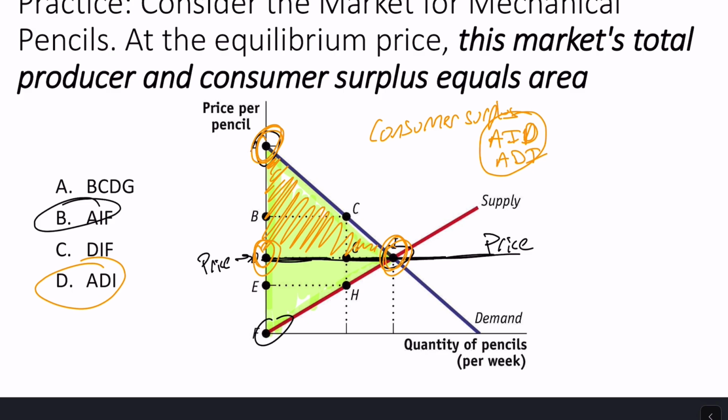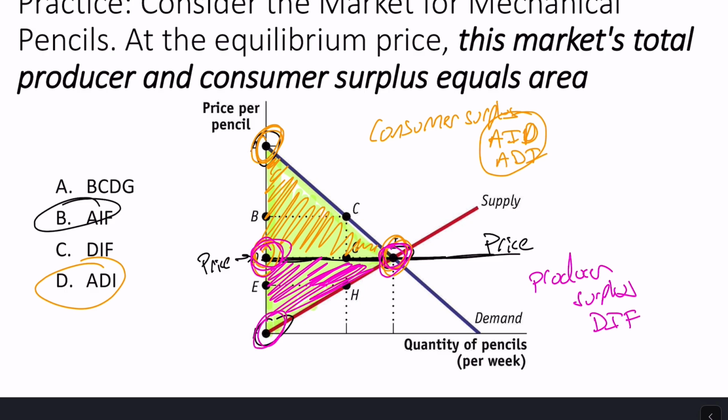And so you can just pick the letters that correspond. If we want to do producer surplus, we're looking for this area down here below the price but above supply. We'll use D, we'll use I, and we'll use F. D, I, F for that curve. Okay. All right. So this is just another way to test your knowledge of calculating areas of consumer, producer, total surplus without having to go through that arithmetic.